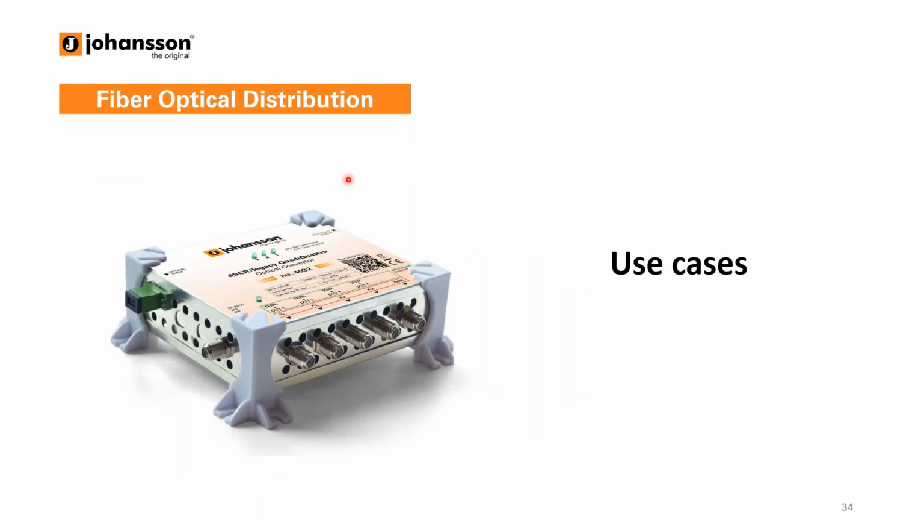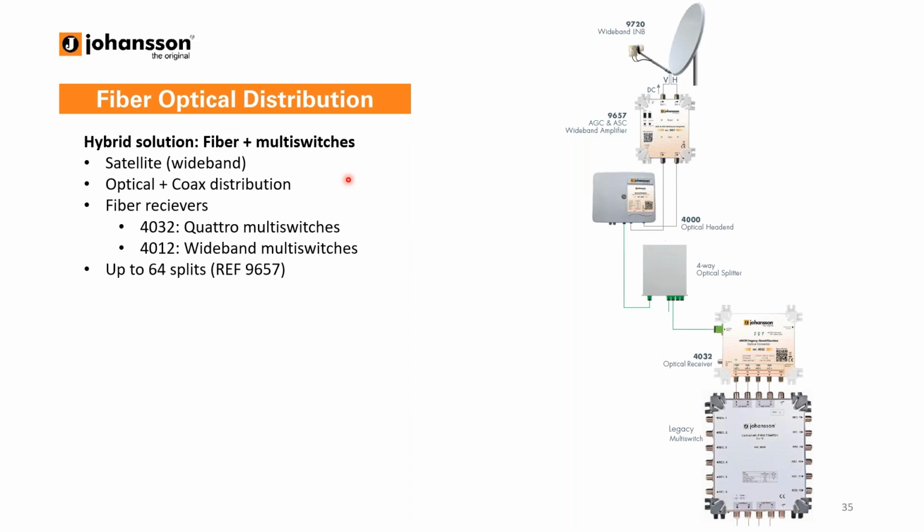Now in the next coming slides, I will show you some use cases. It's not only limited to these use cases, but these are the typical use cases which we see in the field. So the first one I will explain is the hybrid solution. So basically here we will combine fiber distribution with the multi-switches.